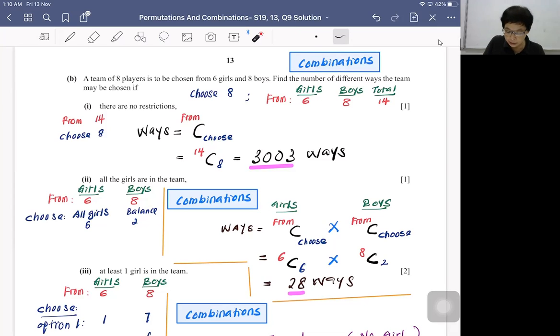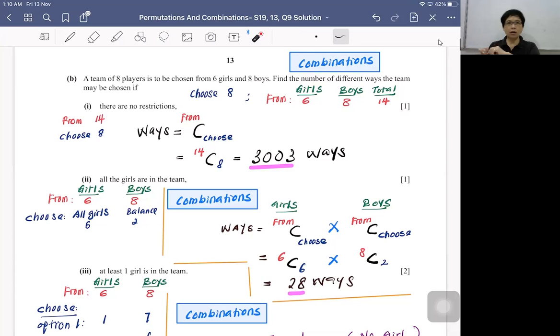Then it was given to us from 6 girls and 8 boys. Well, altogether you have 14. Okay, so that is displayed for your visualization. You have 14 choices, out of which 6 girls, 8 boys.